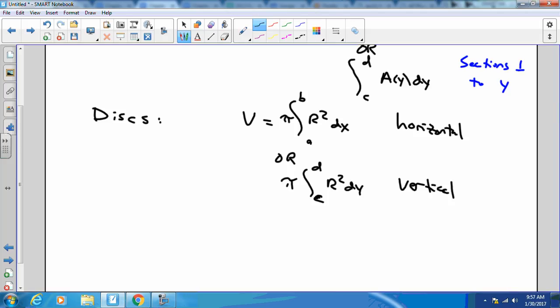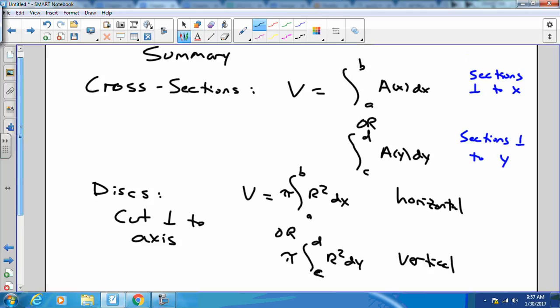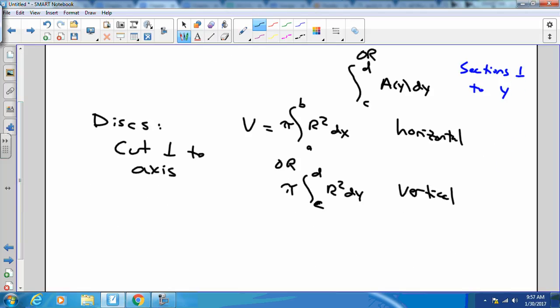Or if I have a vertical axis of revolution, I'm going to integrate with respect to y. In all cases, we are cutting perpendicular to the axis of revolution to get cross-sections that are disks, just like we did here. So you want to think of disks as a particular species of the cross-sectional method.